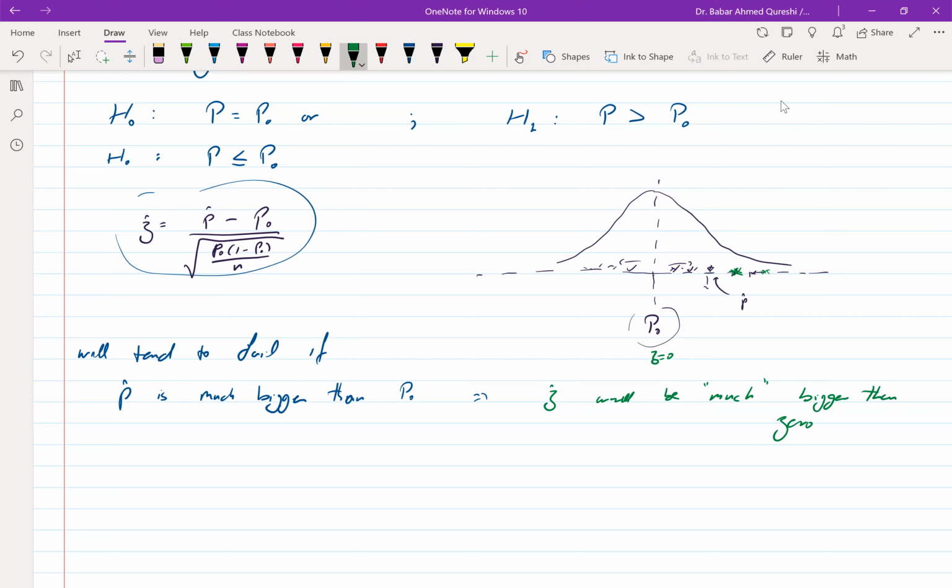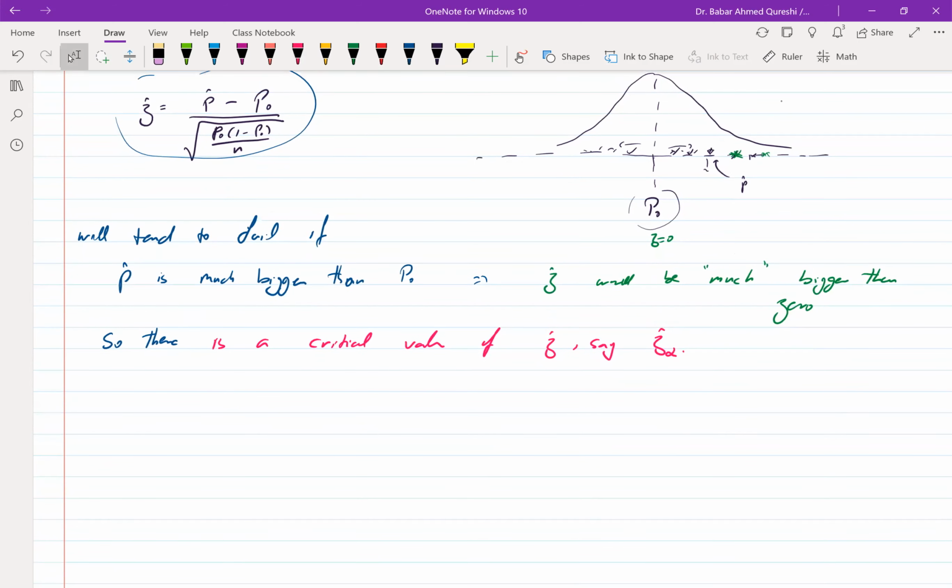So there's a critical value of z, say z alpha, because this critical value depends on with what significance you are trying to reject it.